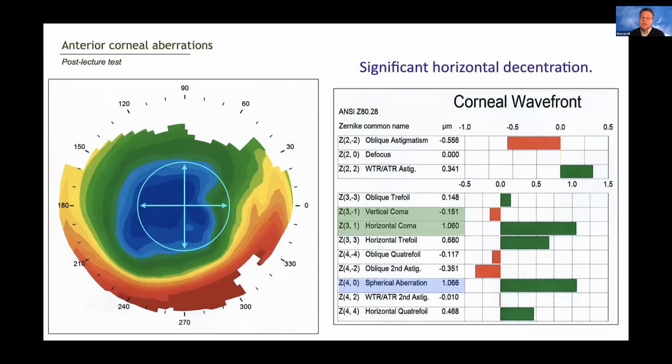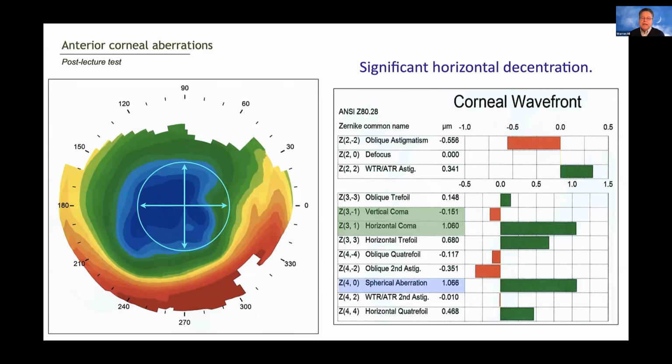So we have a lot of horizontal coma. Normal values for coma are like 0.1 microns, maybe 0.2. Here we have more than 1 micron of coma. So this would not be a patient who would have a multifocal lens, because the reduction in contrast from the cornea in front of a lens that purchases the 2 focal points in the currency of contrast might not be tolerated.